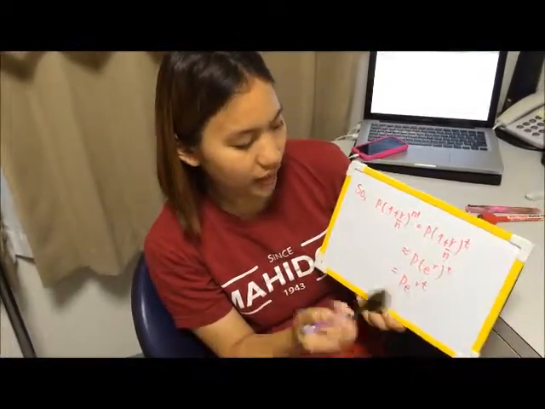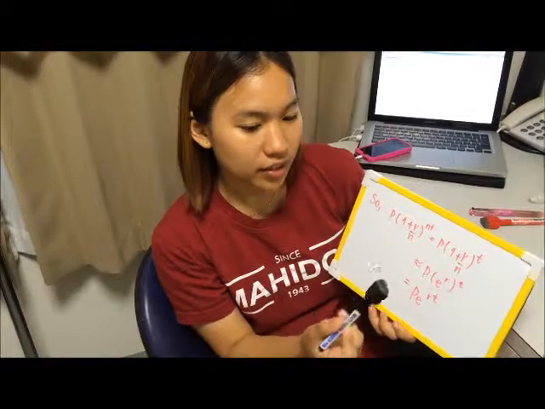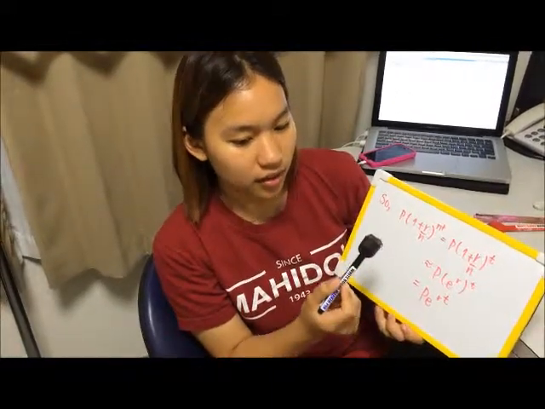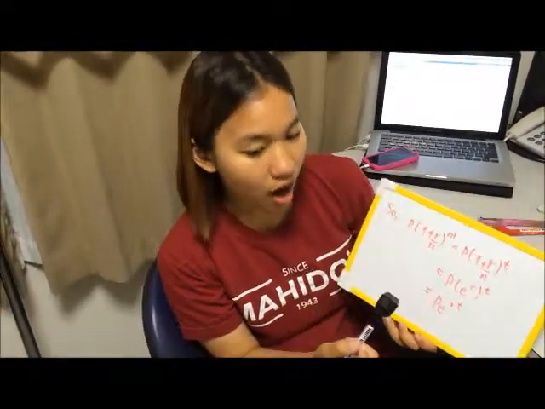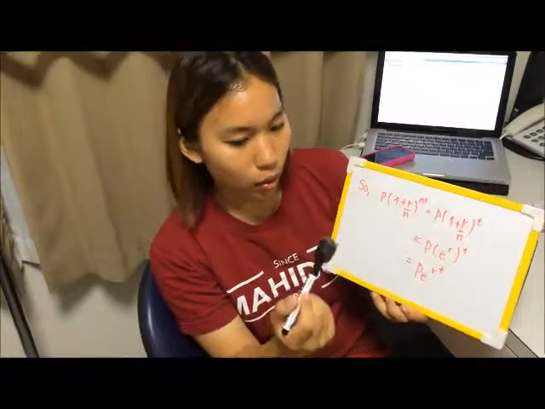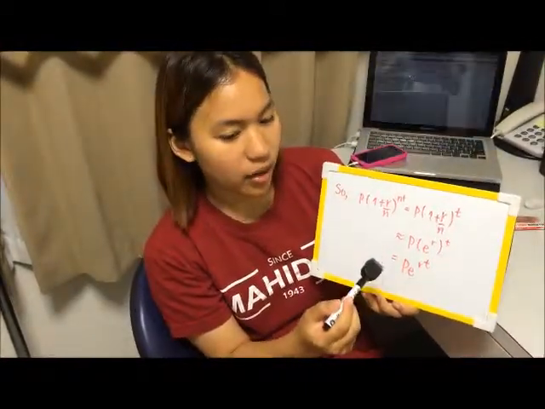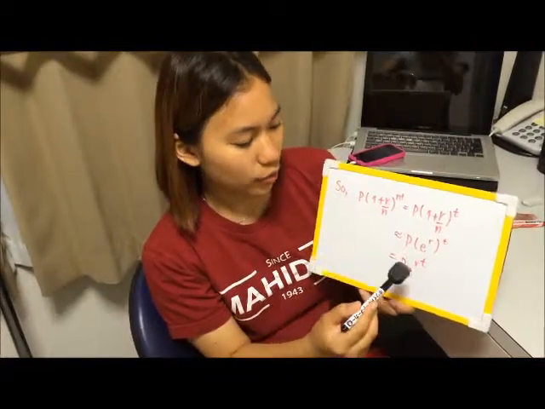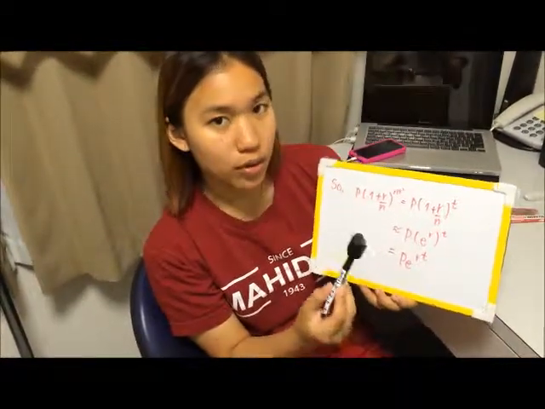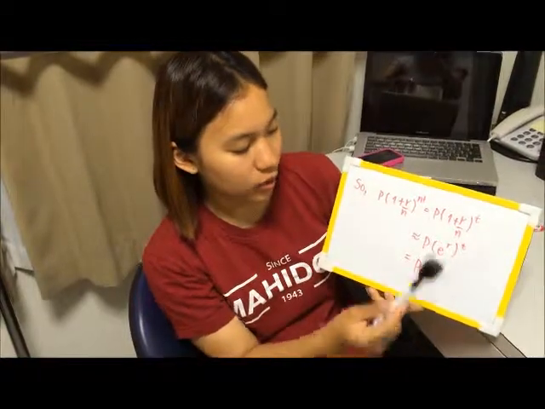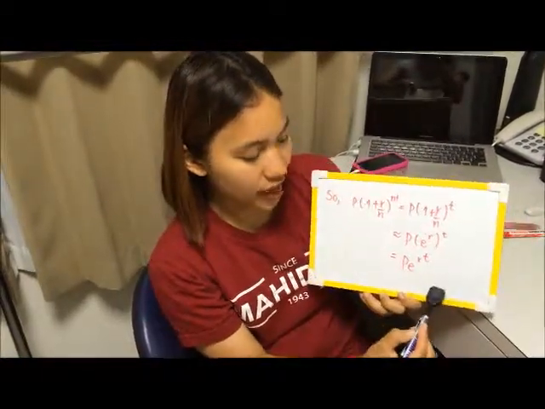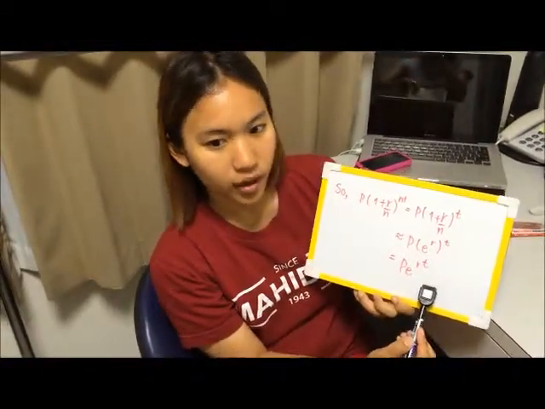In this case, if N is much greater than R, (1 + R/N)^N will be equal to e^R, and it will be this solution as I wrote here.